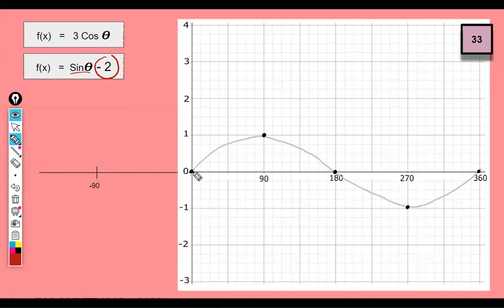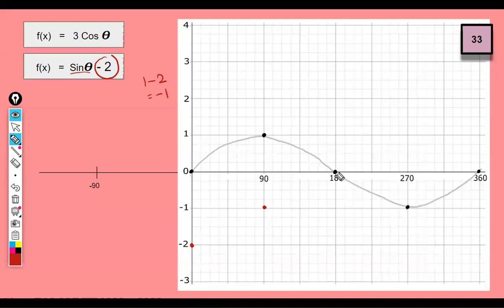So the y coordinate here is 0, because it cuts the origin. 0 minus 2 is minus 2. So this point drops to minus 2. Over here, the y coordinate is clearly positive 1. 1 minus 2 is minus 1. So this one goes down to minus 1.